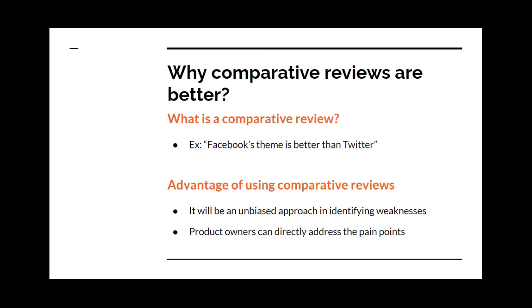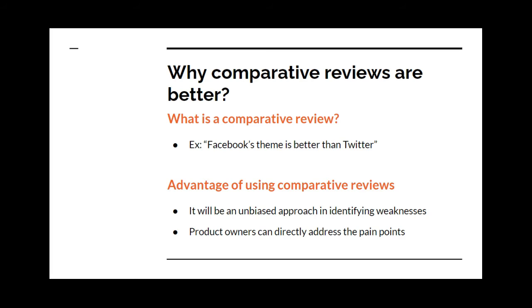So it's better if you can use an unbiased approach, since this particular review, for example, is written by a single user or an individual. The source of this review is the same individual. So he's comparing both of these entities at the same time.